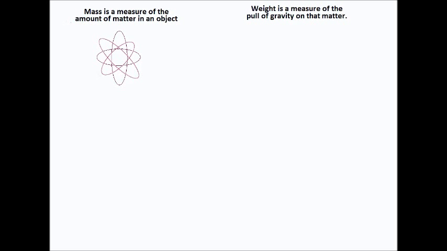And the nucleus, you learned in chemistry, is the part of the atom that contains the protons and neutrons. And the nucleus is very tiny. Not only is it very tiny, but it's extremely dense, and it contains all of the mass of the atom. All of the matter that's in the atom is basically contained in that nucleus.